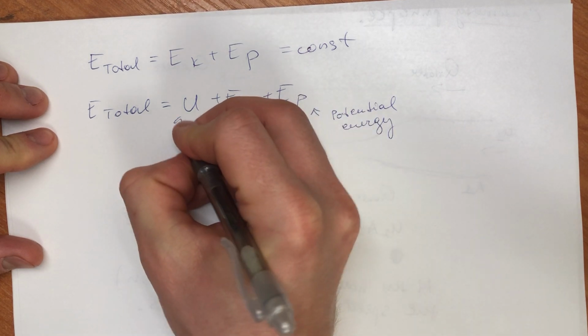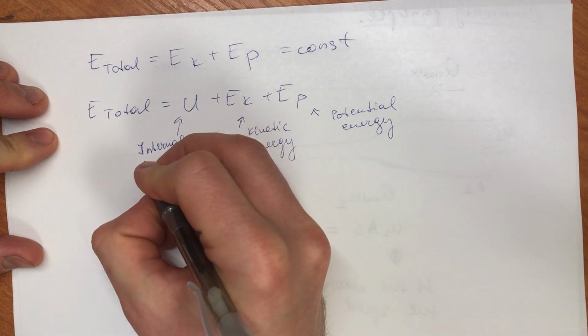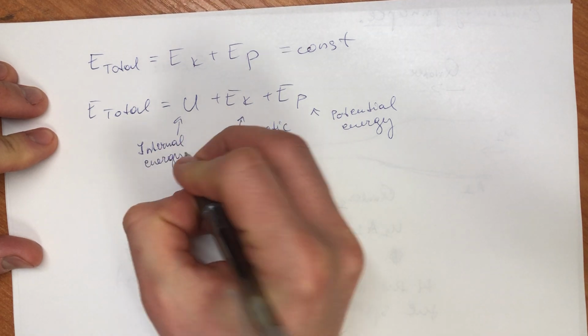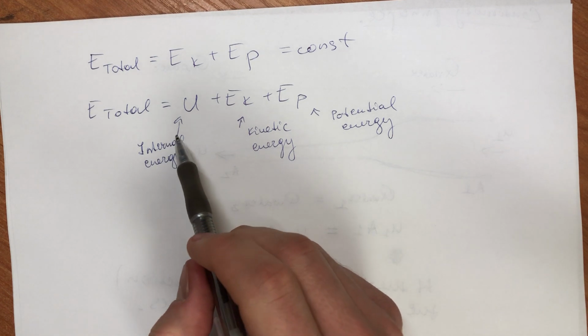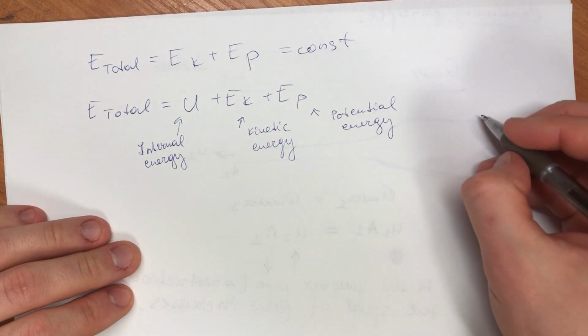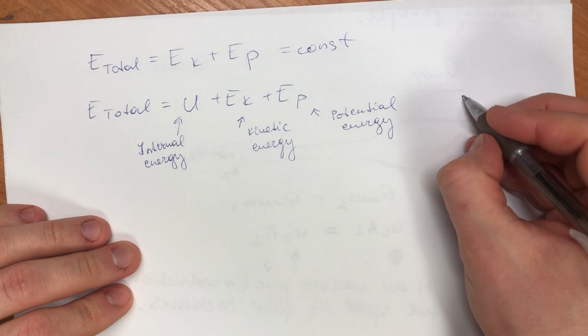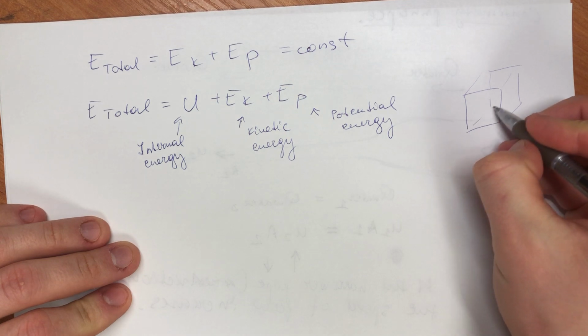This is internal energy. Internal energy is associated with the substance inside some kind of, let's say, a box, and we have some kind of molecules inside there.